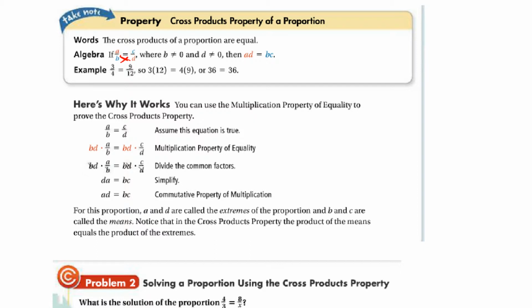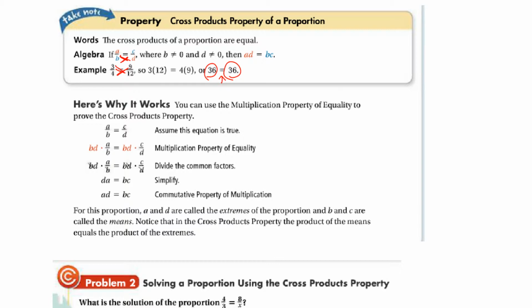For example, if we have 3/4 equals 9/12, the left diagonal is 3 times 12, which equals 36. And that's going to equal the product of our right diagonal, 4 times 9, which is also 36.